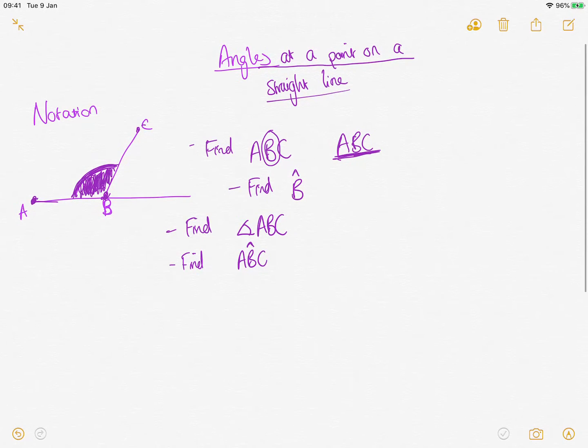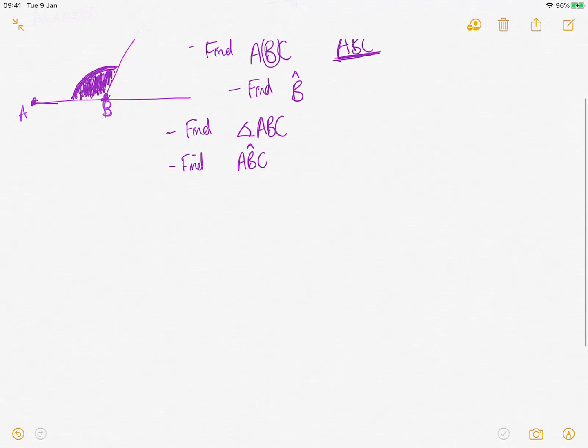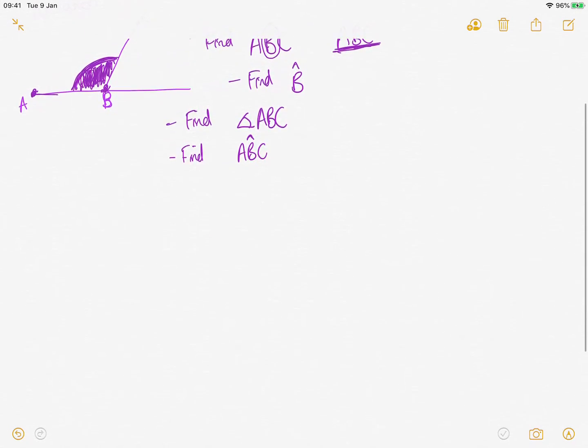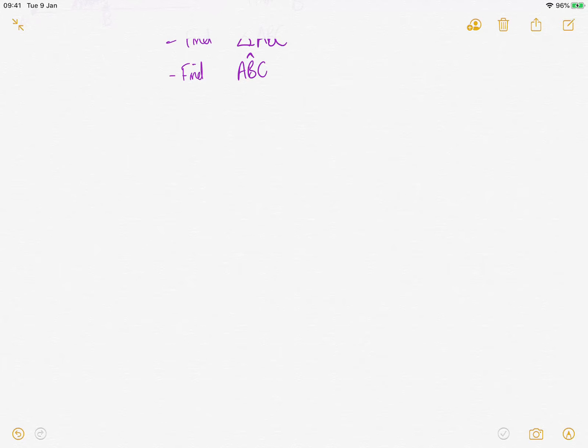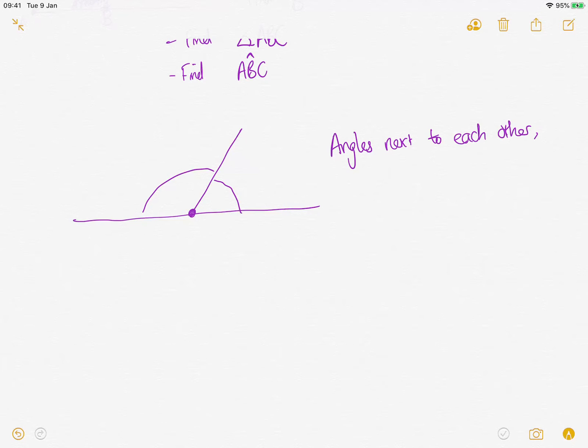So the fact that we need to know, and we should all know from previous years at primary school, is that angles that are next to each other on a straight line always equal 180 degrees.